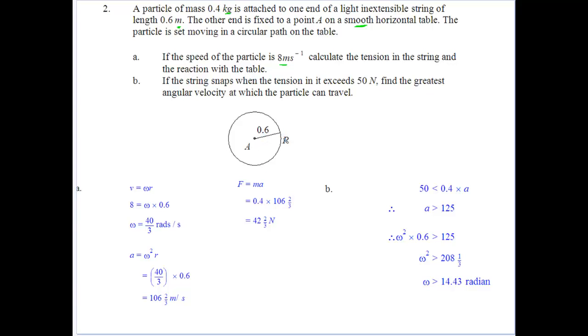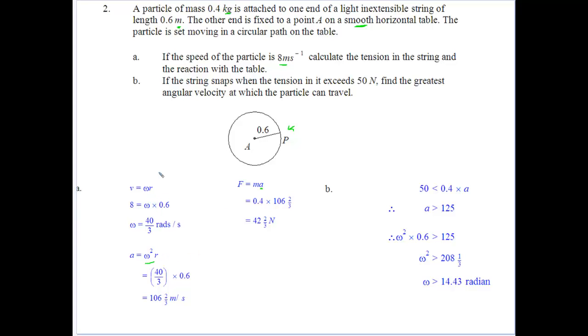Remember, if it's moving at 8 meters per second, then there's no tangential acceleration. It's all directed back towards the center. So we want to get our force, which is mass times acceleration, and the acceleration is omega squared r.